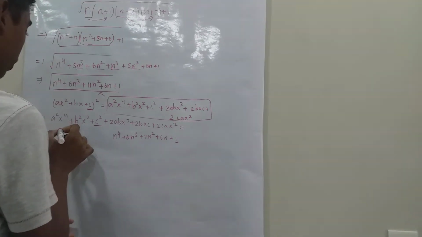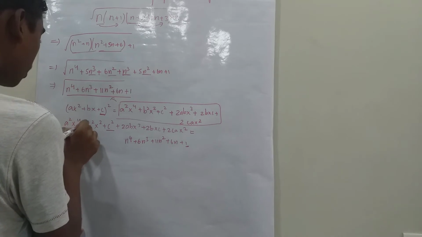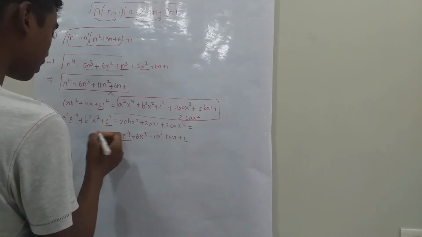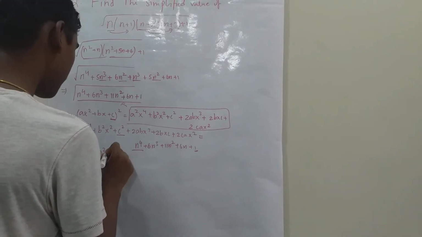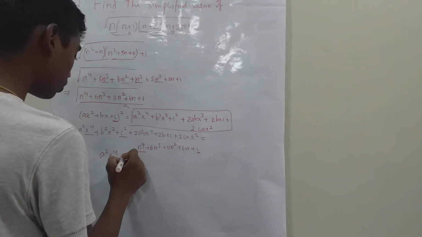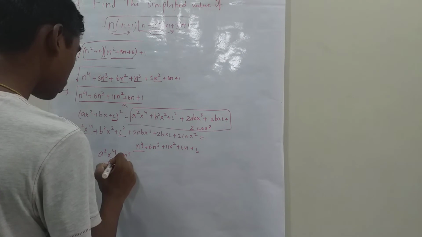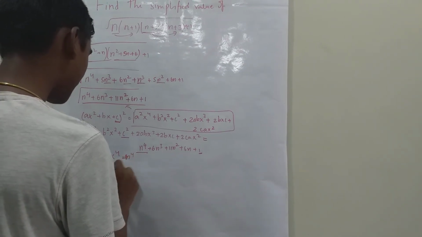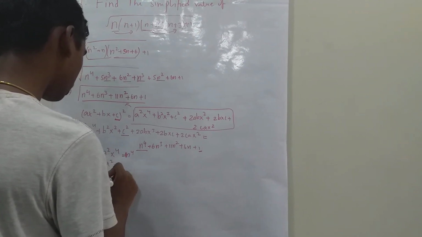Now for a, x to the power 4 and n to the power 4 are the same. So a squared x to the power 4 equals n to the power 4. Well, there's only 1 here, so a squared equals 1 and a equals 1 too.